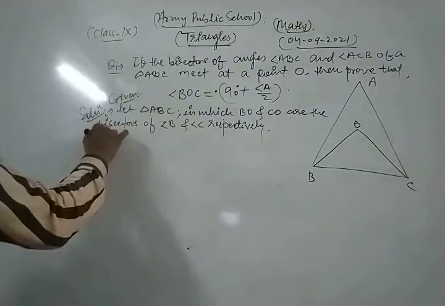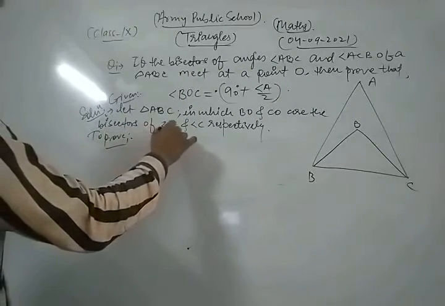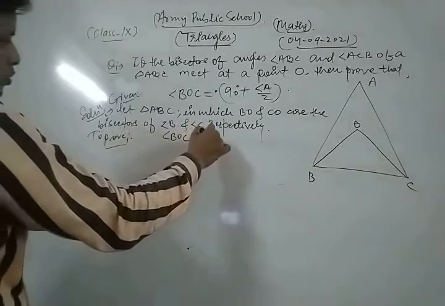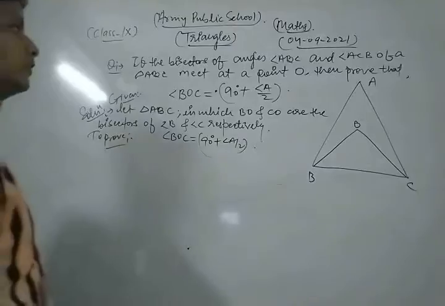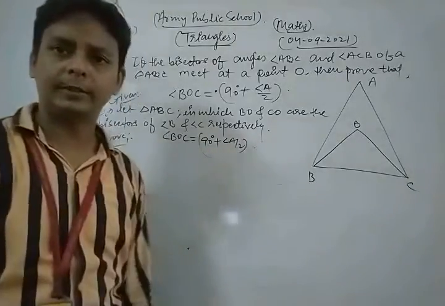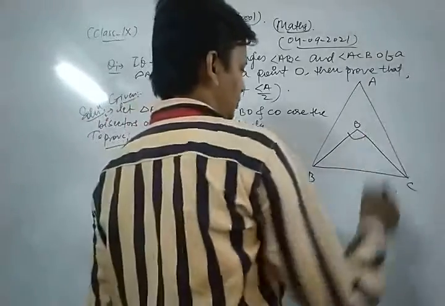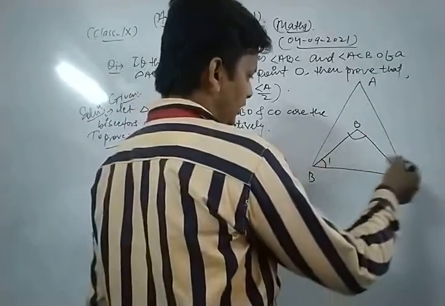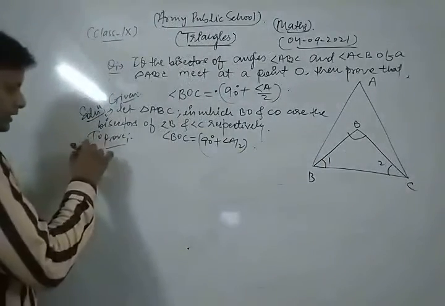And to prove: angle BOC is equal to 90 degrees plus half of angle A. We have to show that angle BOC, so we take this as angle 1 and this as angle 2. Now let's see its proof.